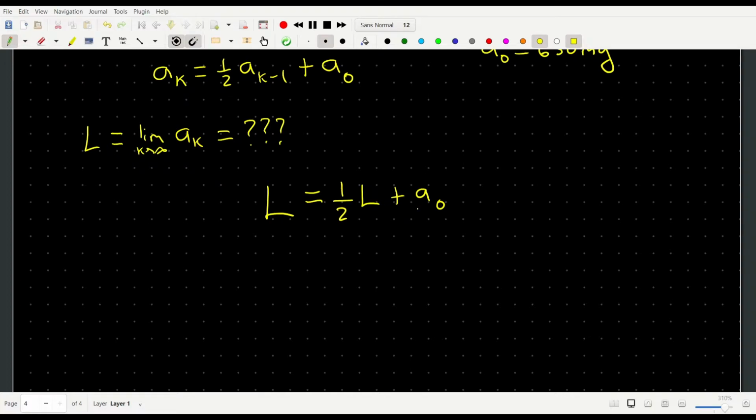We can directly solve for L here to get that L minus 1/2 L, which is 1/2 L, is equal to a_0, or L is equal to 2 times a_0.